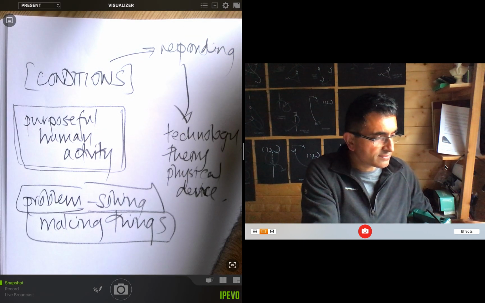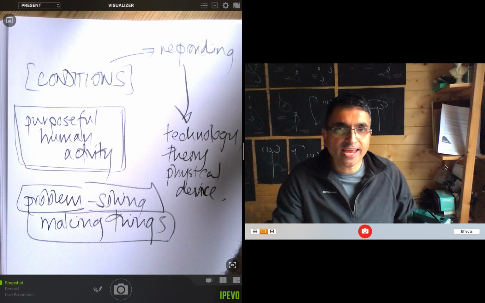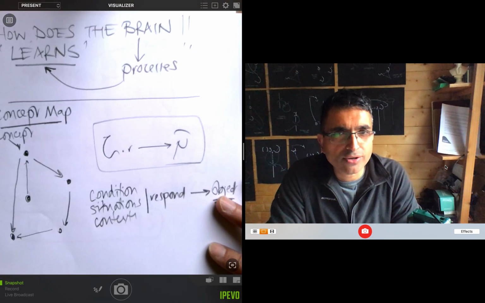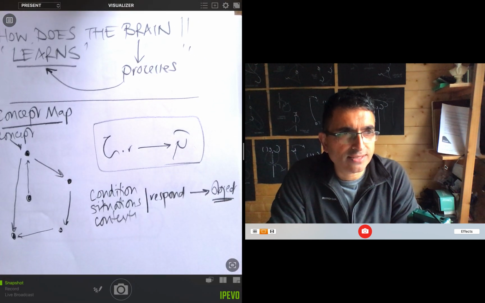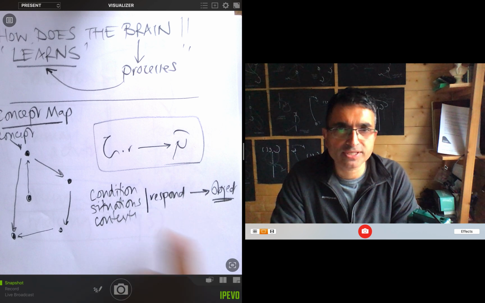Then you have a tool to help you decode anything you have to study, but it requires a little bit more effort on your part because it's a habit. A good teacher helps you see this relationship of conditions, responding, and objects.